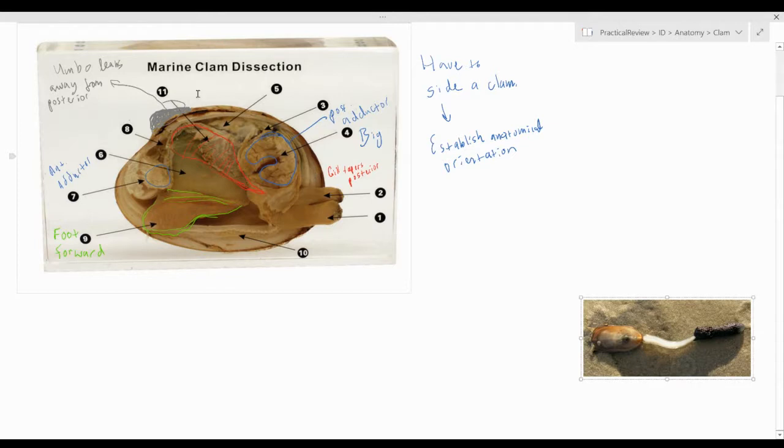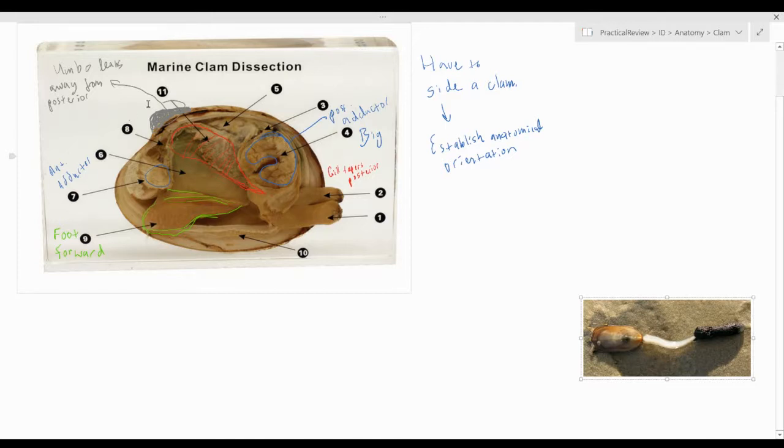But you may have to side the clam, meaning point out which is the right side and which is the left side. And once you learn that, that's pretty helpful because you can count on the anterior adductor muscle being on what to us is the right side. So think of the clam as anterior and posterior.